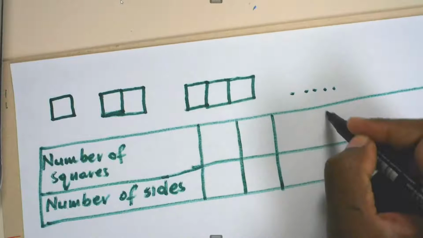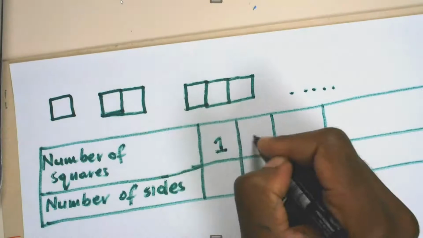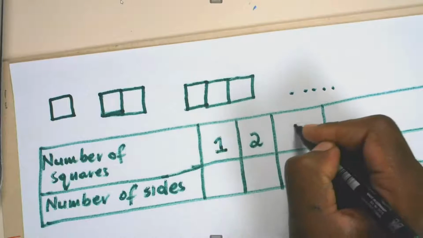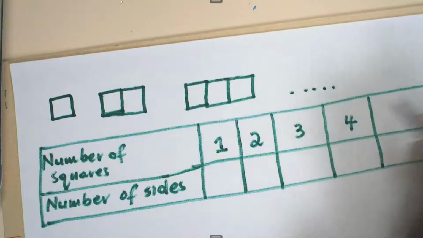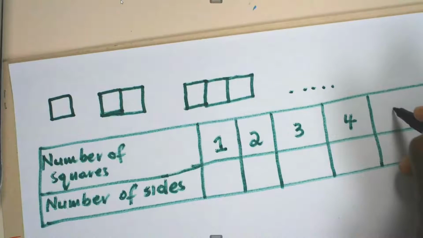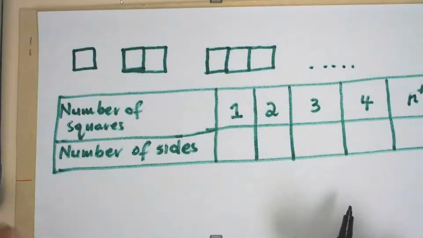It's going to be 1, 2, 3, then 4. Then here we are going to have n-th.